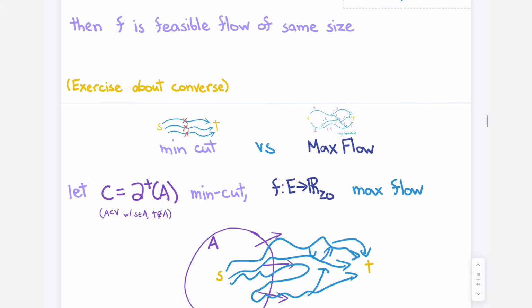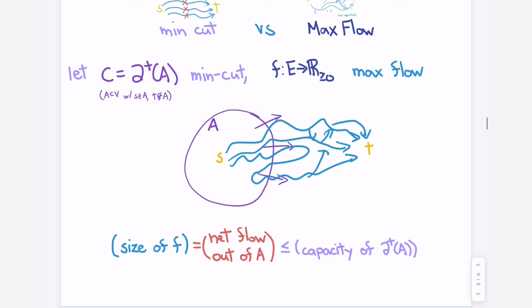And the other side is, how does max flow compare to the minimum ST cut? If I look at any cut, like I have these vertices around S that I call A, the amount of water that's leaving S is going to be bounded by the total capacity of edges leaving A. Okay? So you're going to get that the size of the flow is always at most the capacity of any ST cut.